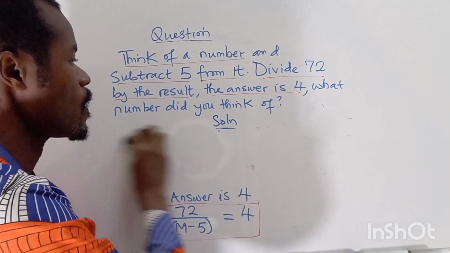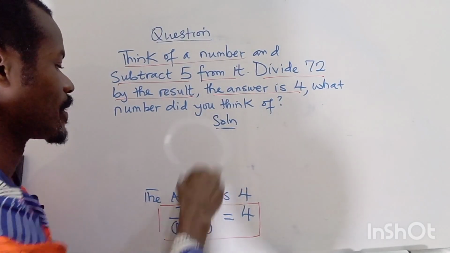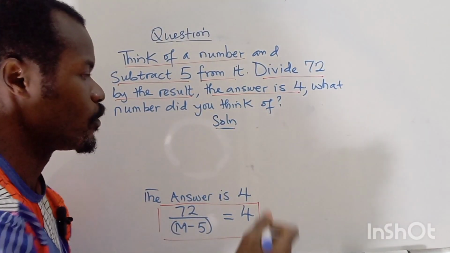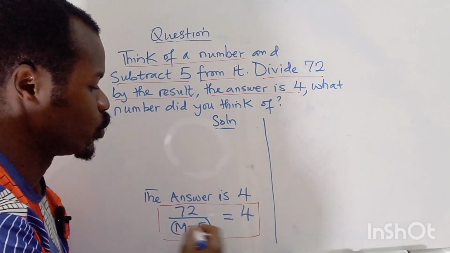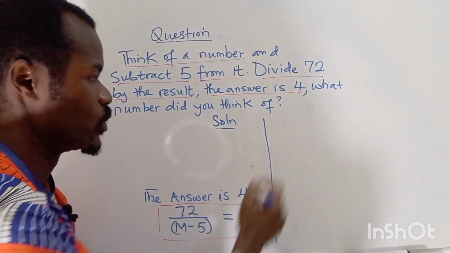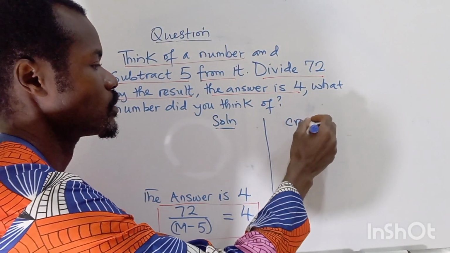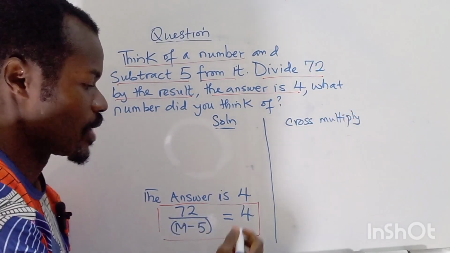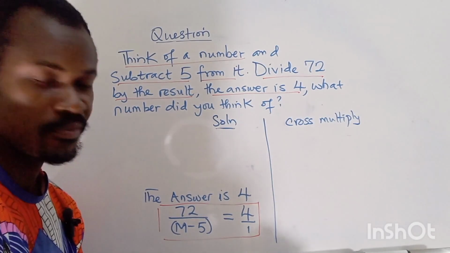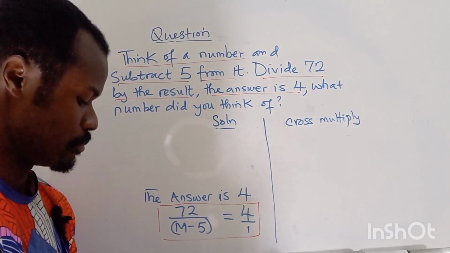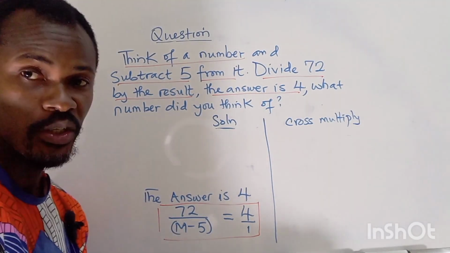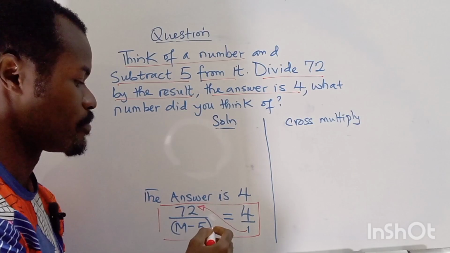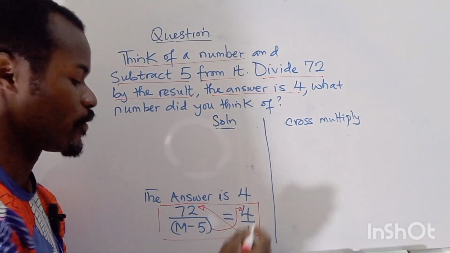So let's do it and see what that is going to give us. When you have something like this in math, what do you do? The first thing you want to do is cross multiply. So I can put over 1 here, and if I do that, it means this 1 multiplies 72, and N minus 5 multiplies the 4.